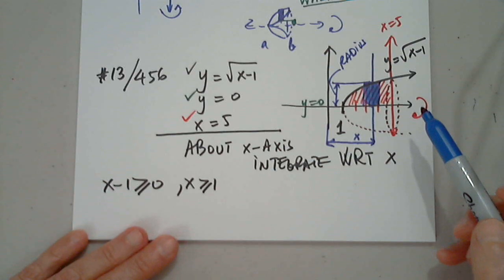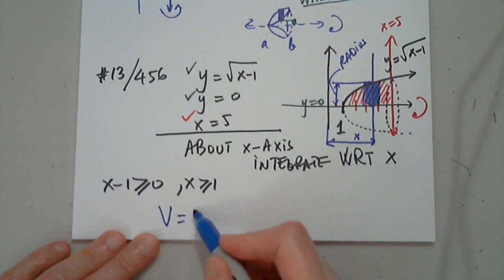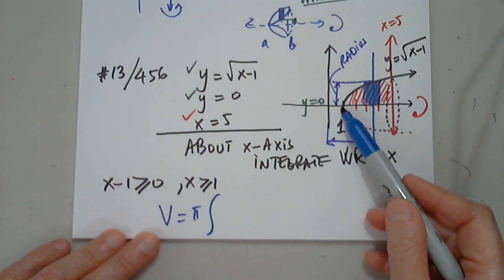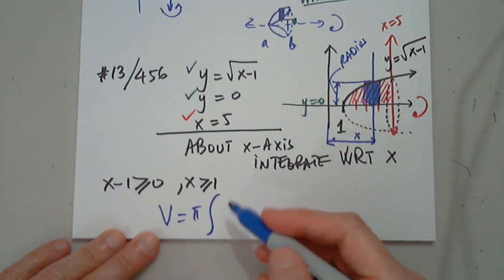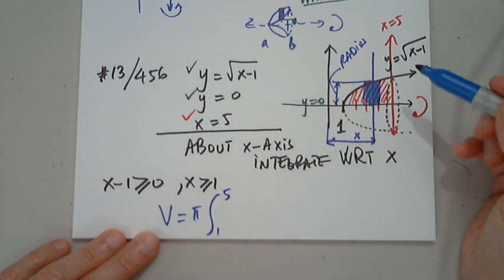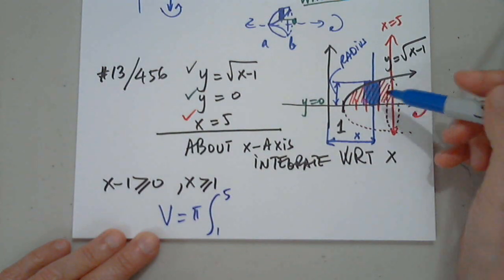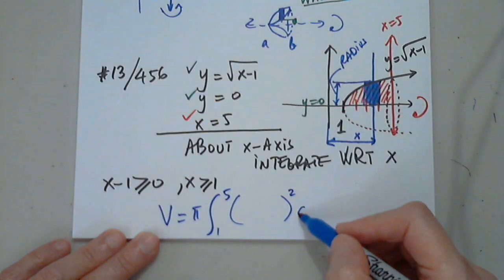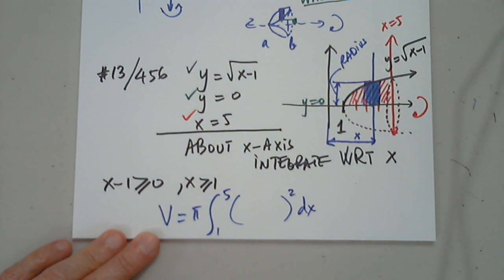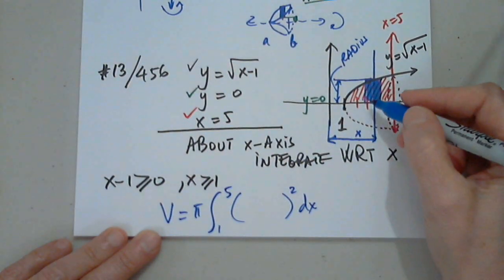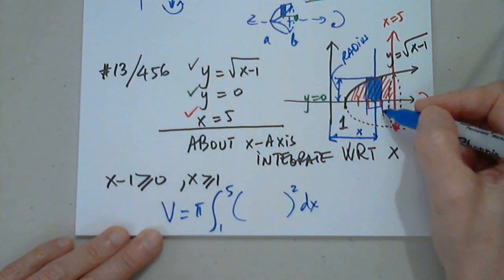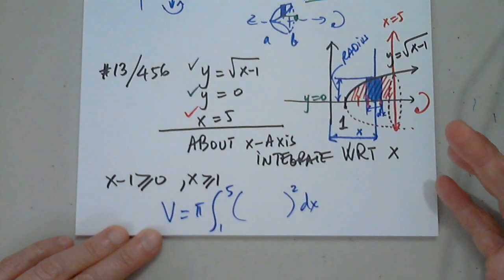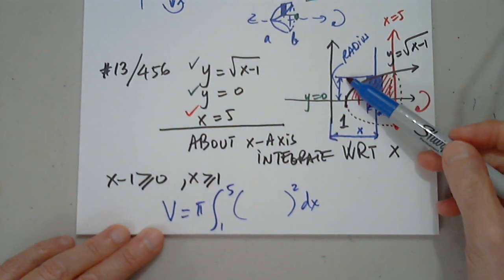Why is this important? So first of all, the volume will be pi. I can leave the pi outside. Of course, the integral between 1 and 5 of the radius squared times dx. In my big example here, of course, this is the dx. Okay, now what is the radius?